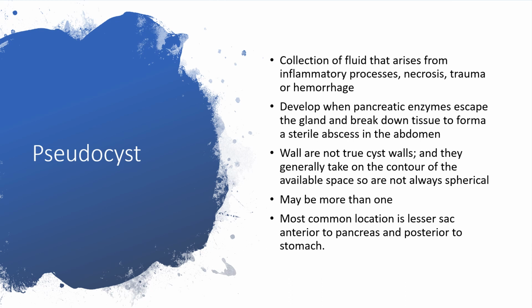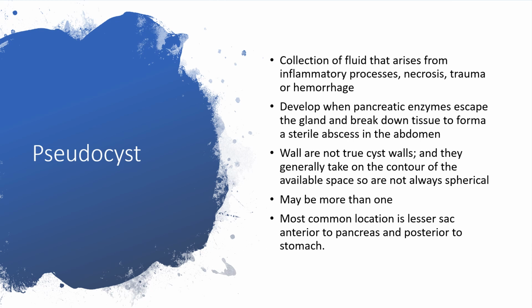Sonographically, well, we'll get to that. Let's go on to pseudocyst. So we talked about if they last more than 4 to 6 weeks, then they are a pseudocyst. This is a collection of fluid that arises from the inflammatory process. It's going to contain areas of necrosis, trauma, or hemorrhage. And as we said, the enzymes escape, they break down the tissue, and they form a sterile abscess in the abdomen.